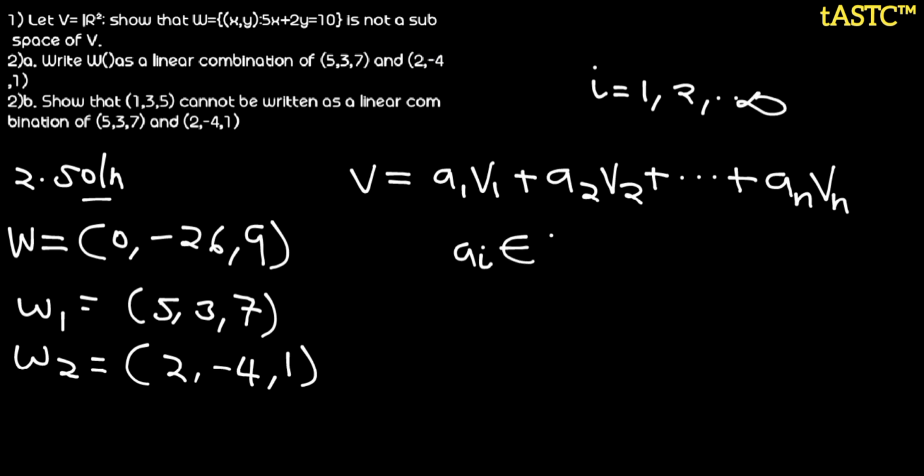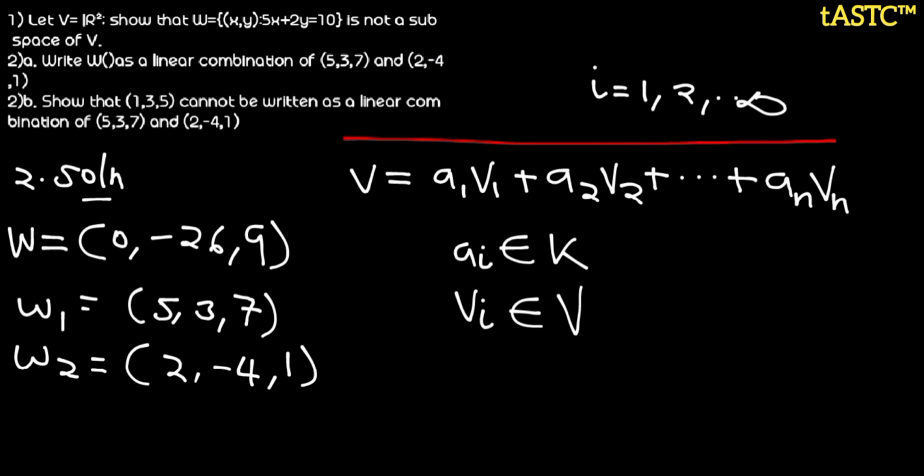This must be an element of the scalar field. That means any number under scalars or constants. And Vi, which is any vector chosen, must be an element of the vector space. So if you have that, then this is the representation for a linear combination. So we're going to use this definition and try to work it.